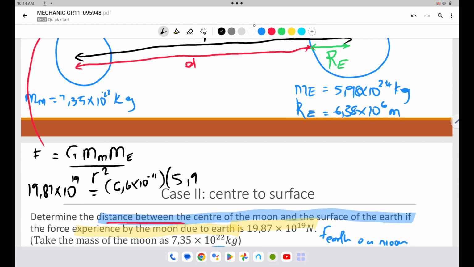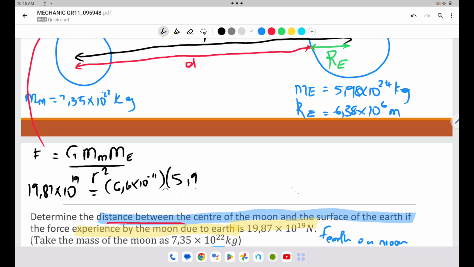Let me just erase this with a white pen. I just want to make some space for myself. There we go. Almost there. There we have it.